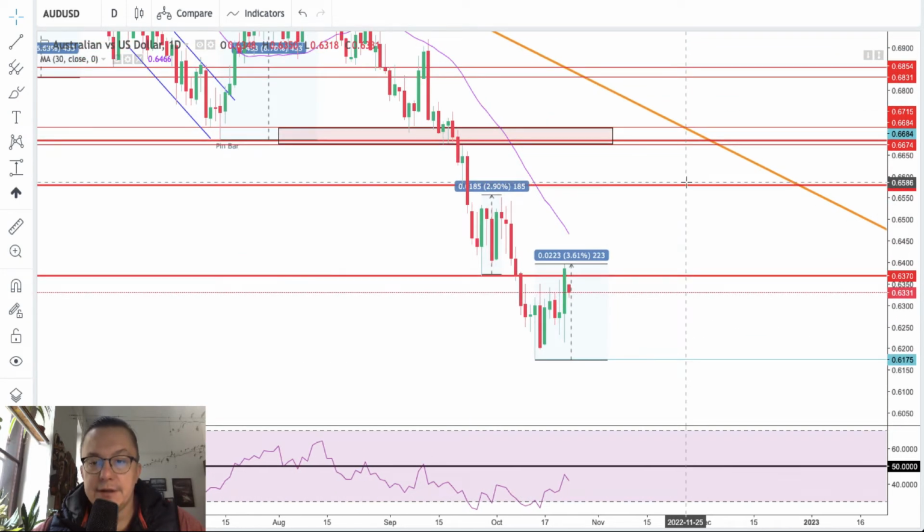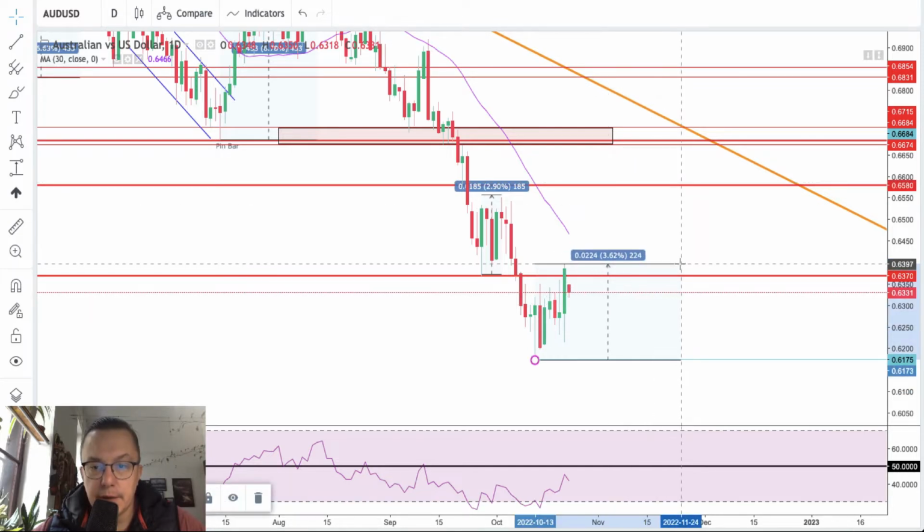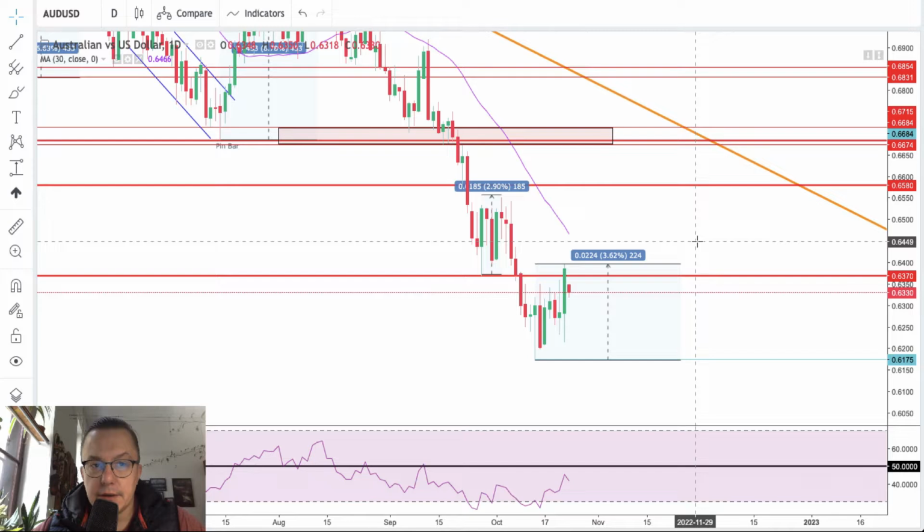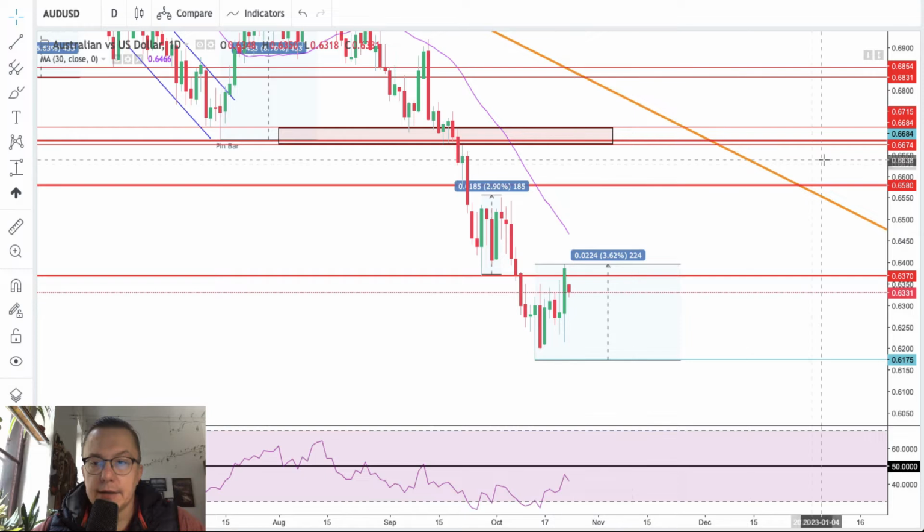Well, in the longer term, it's still the bearish outlook, which is much more favorable for the Australian dollar, as long as we trade below this supply zone. This zone is located at 6,674, 6,684, 6,713.